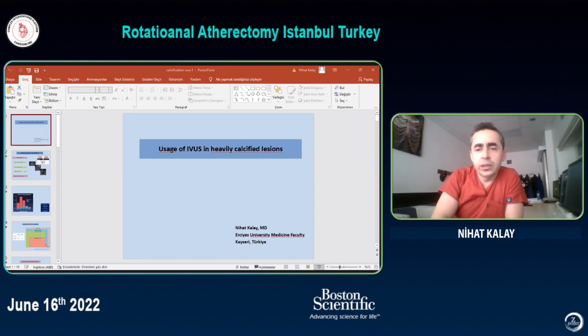Mainly, we can define three conditions related to suboptimal PCI: undersized stent, malposition, or edge dissection. Unfortunately, when we perform IVUS in our real practice, we can see this condition in many patients.